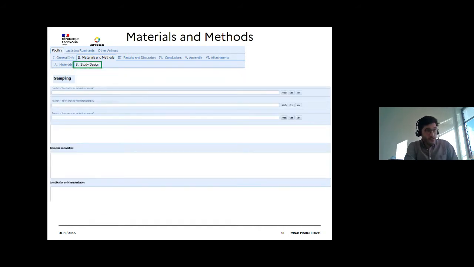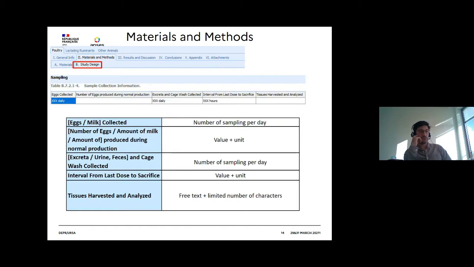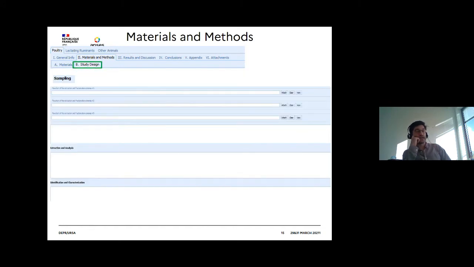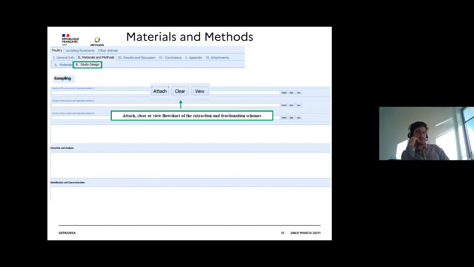In the last part of the study design section, and as for plant MSS Composer, different information about sampling can be detailed. First, you can attach and then clear or view a flowchart of the extraction and fractionation schemes.